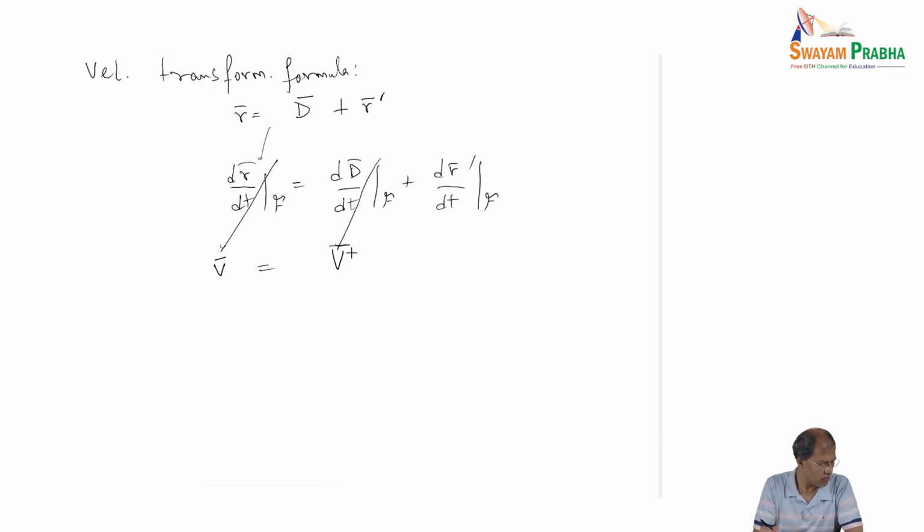And then this is the velocity of the particle in the moving frame, which could be a result of either translation or rotation. So that is what we have.